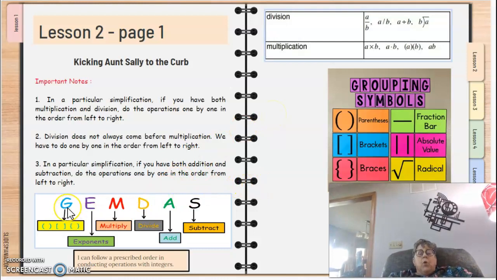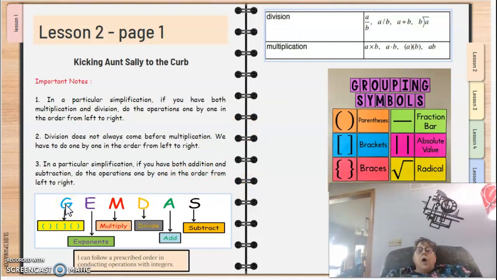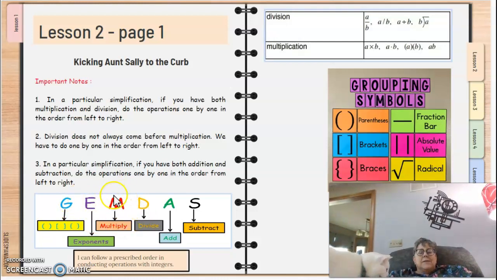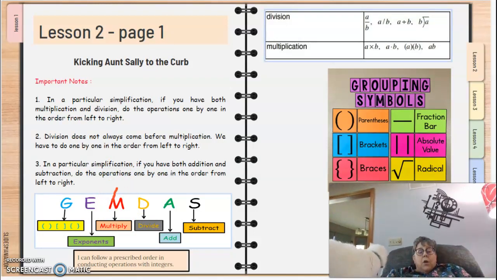So when we're working on any kind of long expression, we're going to work through things in this order. We're going to take care of anything that's grouped. Then we're going to look for exponents. Now, multiply and divide: multiply does not necessarily come before division.